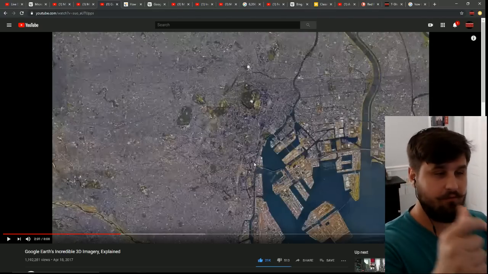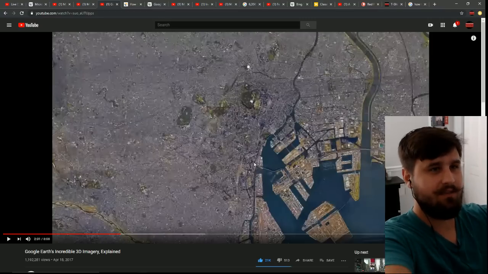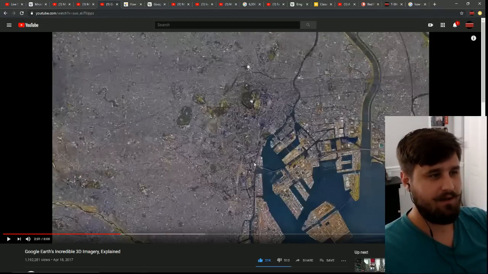It happens so fast, it's hard to even tell that there was a sphere. I think for half a frame or something, it shows the very edges of the sphere in Google Earth, the software.